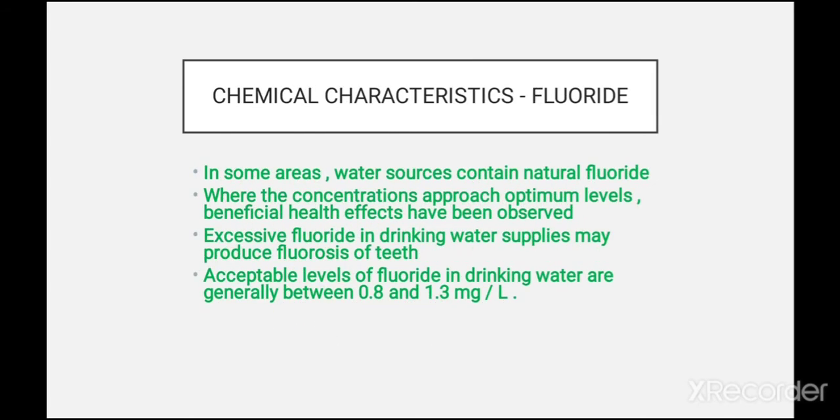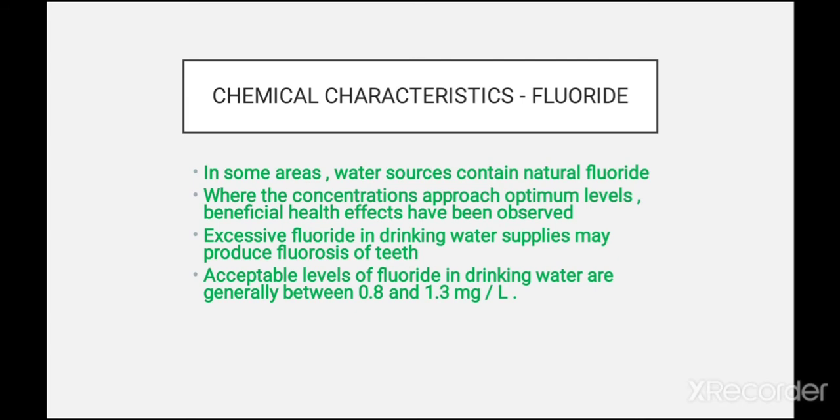Then fluoride. The concentration of fluorides in domestic water can be naturally present due to the geological characteristics of the soil in that area. Where the concentration approaches the optimum levels, beneficial health effects have been observed.